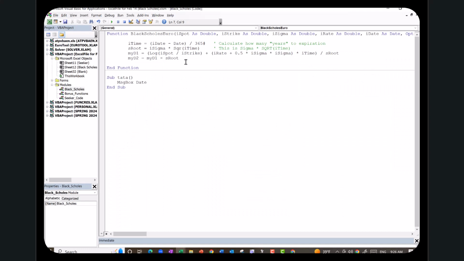So let's call that pStrike or PV strike: iStrike times Exp of negative iRate times iTime. You're probably thinking this is a weird way of calculating present value, but Black-Scholes assumes continuous compounding. I'll show you how to convert a regular interest rate into a continuously compounded rate.